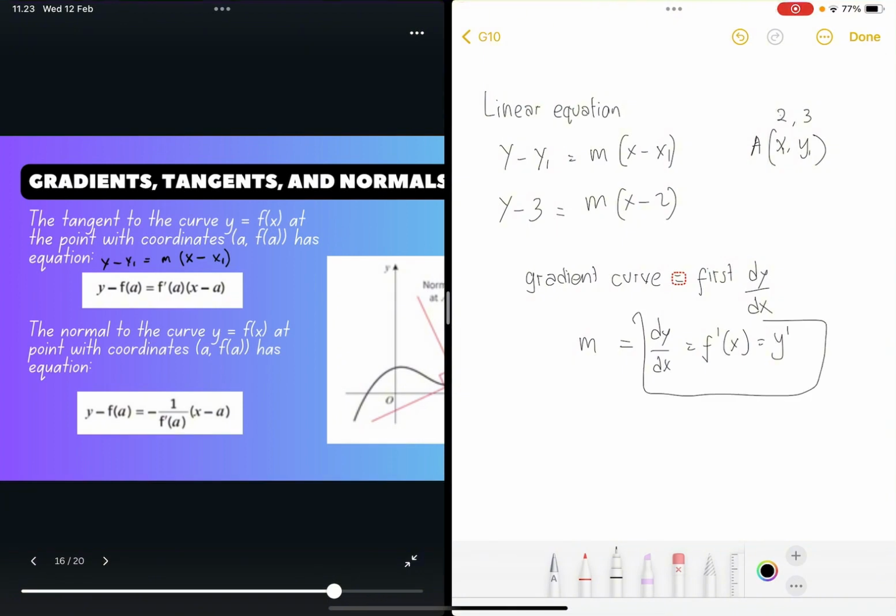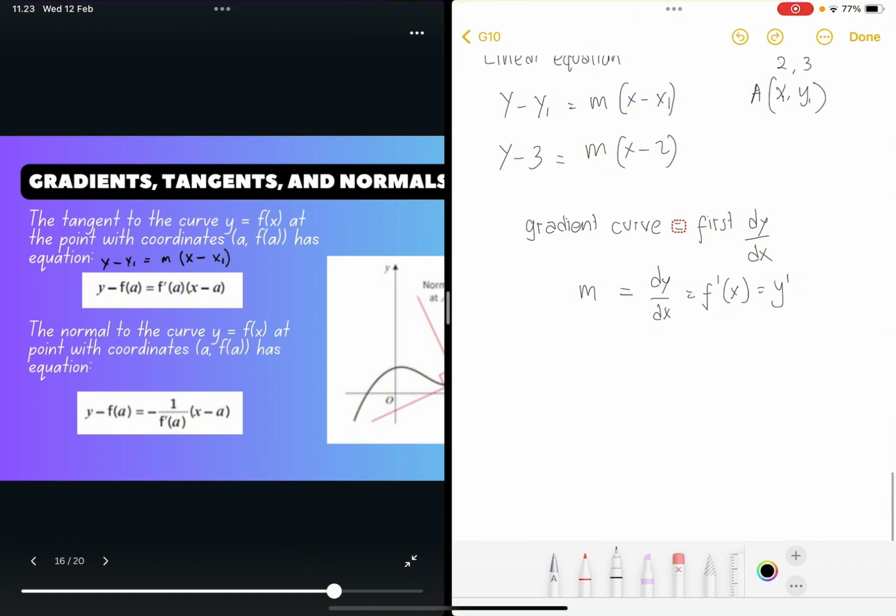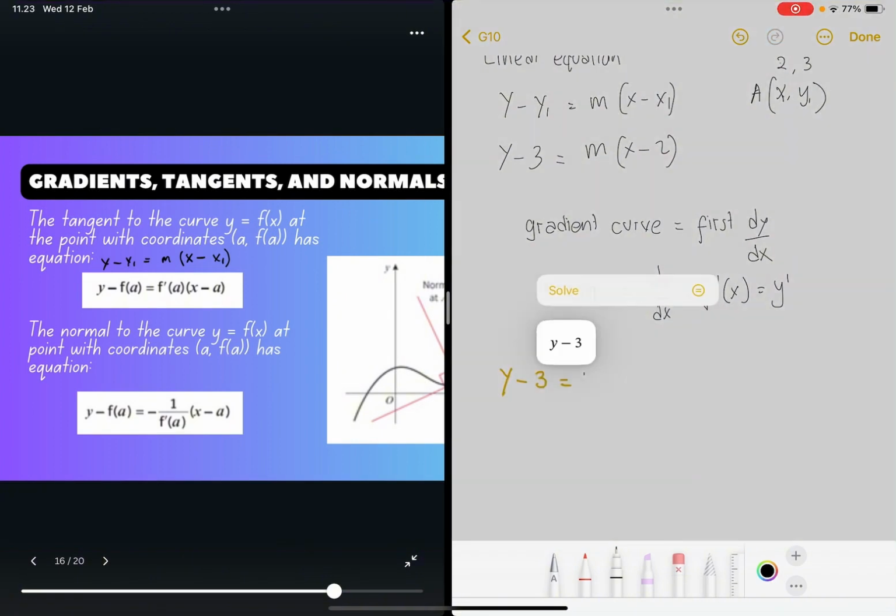All of these are the same. All of the symbols right here are the first derivative. So don't be confused. The m is just the first derivative of the original function.